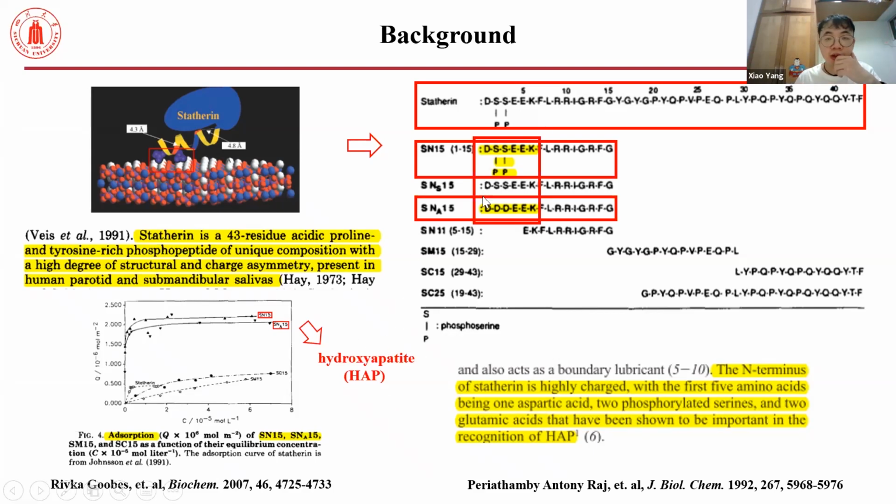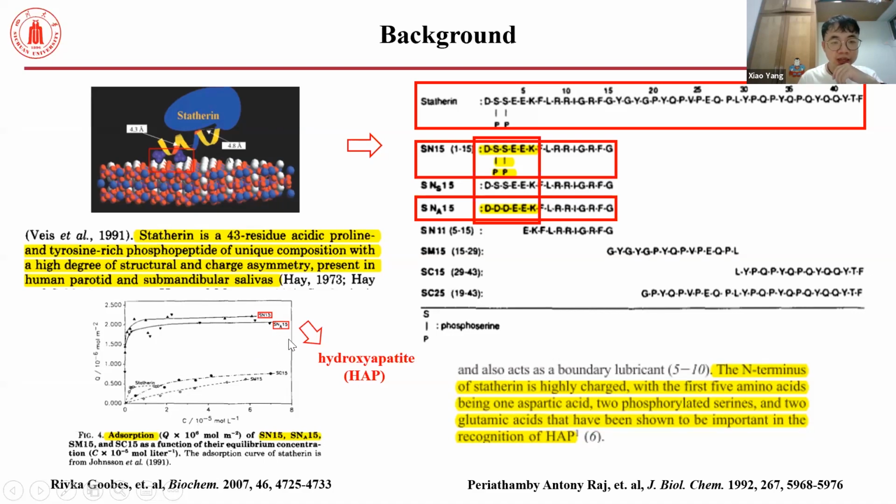In other articles we can see the first 6 peptides, the DSSEK and DDDEEK, have the ability to absorb to the HAP.